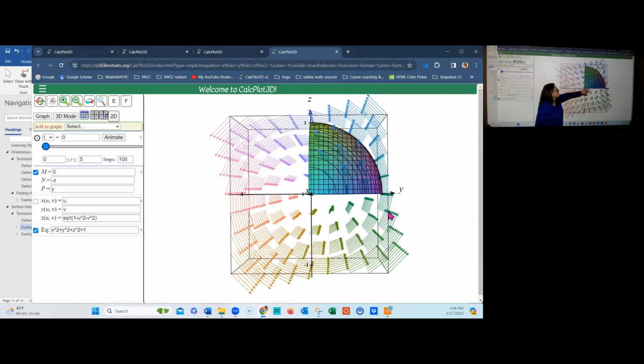If you look at the vector field, you can see that the vector field is flowing along the surface in the direction of the surface, tangent to the surface. There is no portion of the vector field that is flowing normal to the surface. And this is why we got 0.